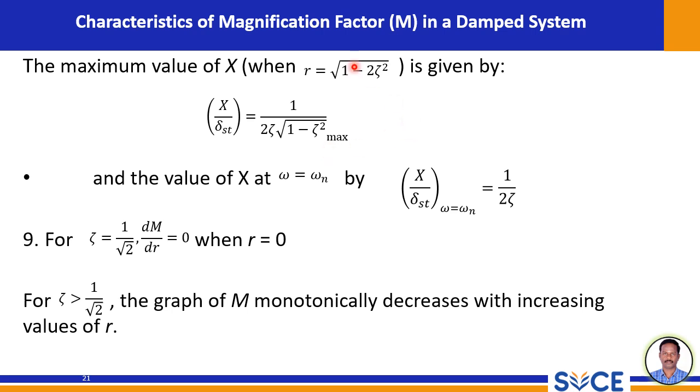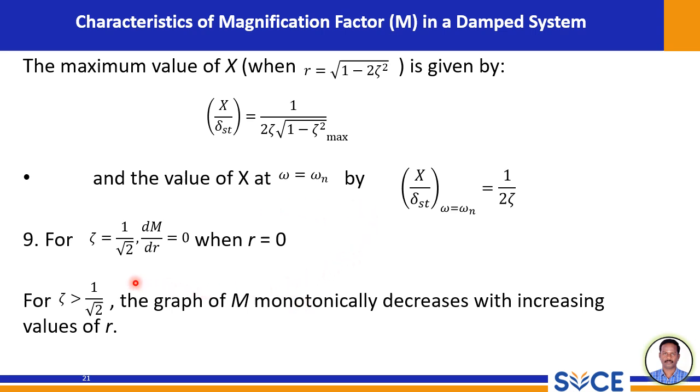This equation tells us the maximum amplitude of vibration in terms of damping ratio, and the value of X at forcing frequency equal to natural frequency is given by these terms. This equation shows the amplitude of vibration specifically at the natural frequency. For psi equal to 1 by square root of 2, this means for these specific conditions, the damping ratio is 1 by square root of 2.